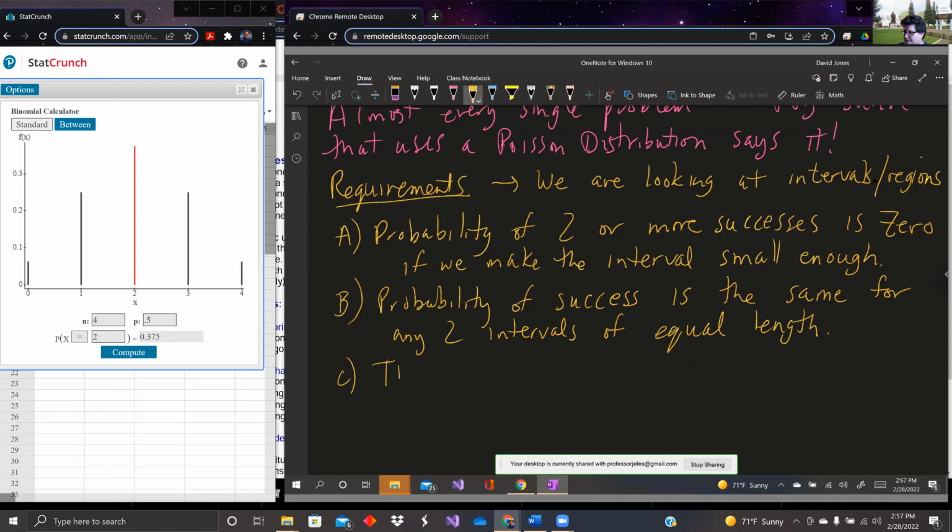And the number of successes in any one interval is independent of the other intervals.